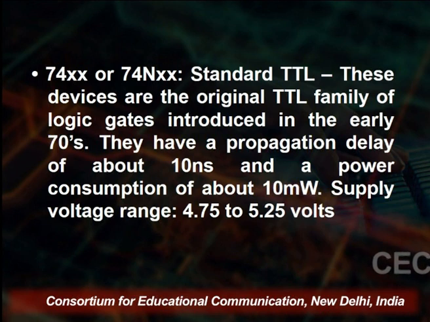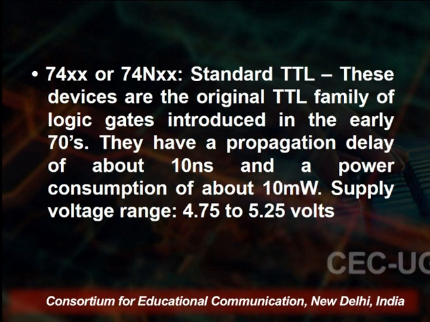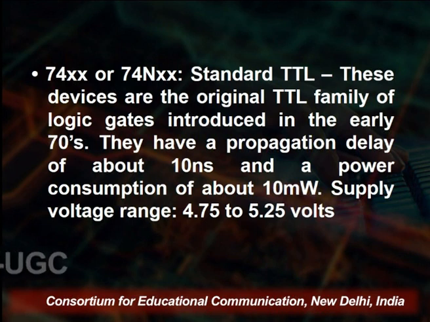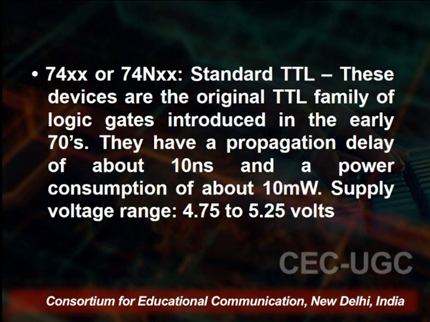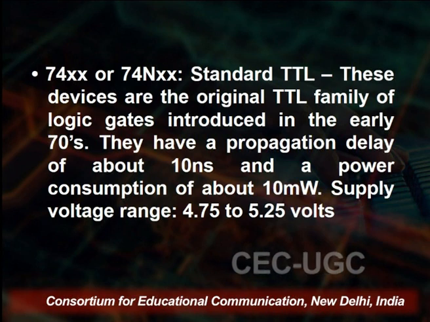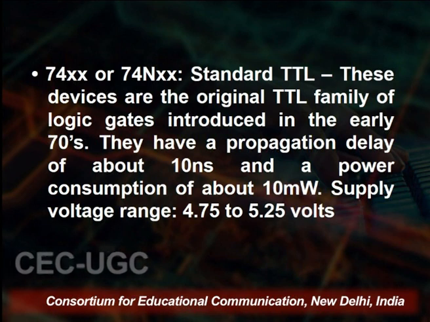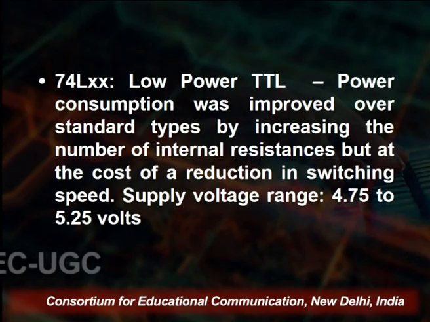These devices are the original TTL family of logic gates introduced in the early 70s, and they have a propagation delay of about 10 nanoseconds and a power consumption of about 10 milliwatts, with a supply voltage range of 4.75 to 5.25 volts. Next is the 74LXX, L for low power TTL.